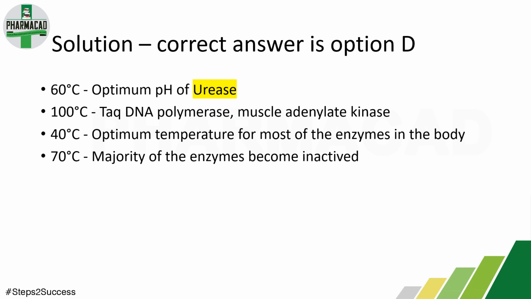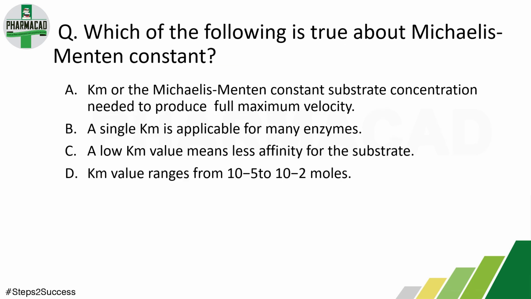Taq DNA polymerase and methanogen adenylate kinase require 100 degrees Celsius. The optimum temperature for most of the enzymes in the body is 40 degrees Celsius, while the majority of enzymes become inactivated at 70 degrees Celsius as enzymes get denatured as the temperature increases. Move on to the next question.